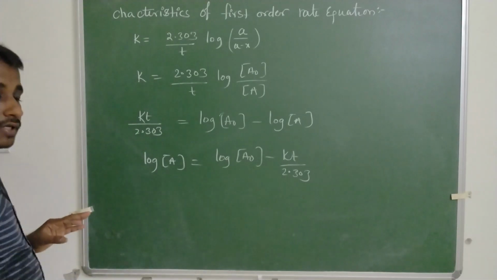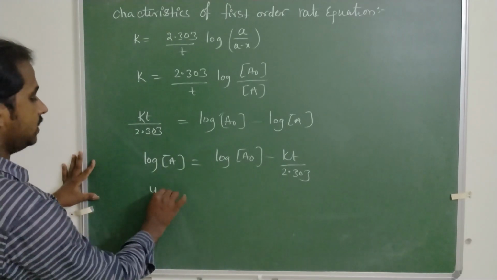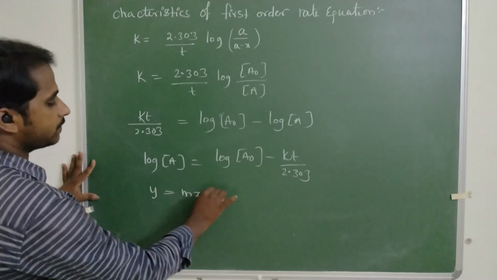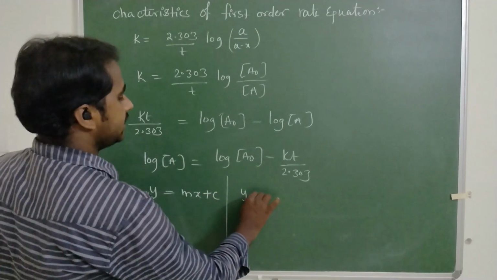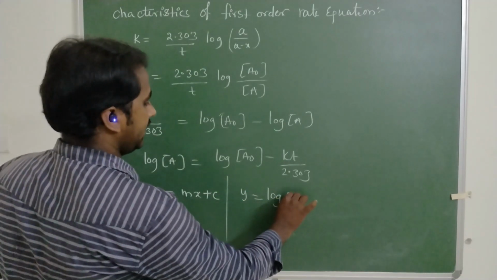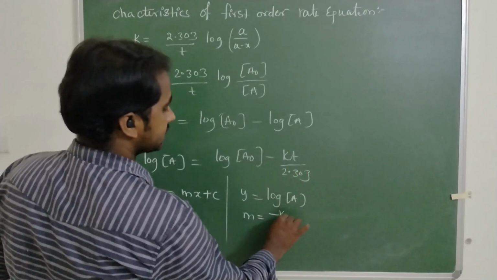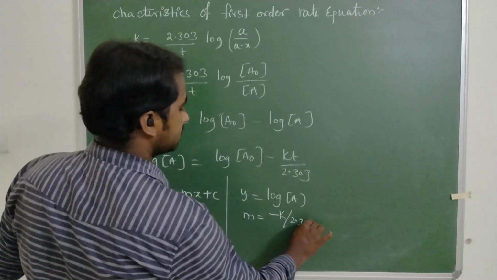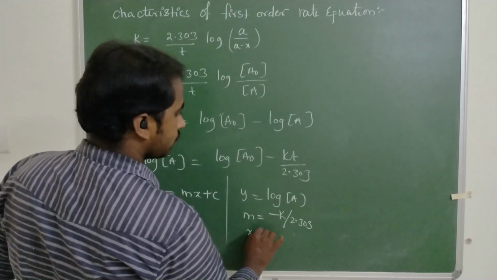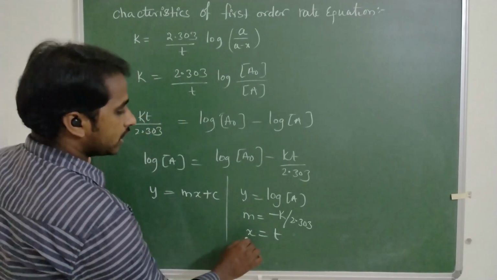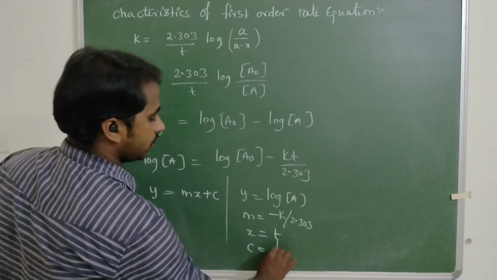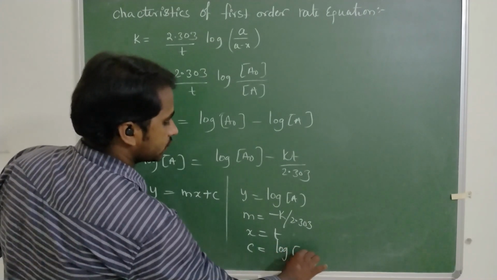Compare this equation with y equal to mx plus c. Here y is equal to log a, m is equal to minus k by 2.303, x is equal to t, and c is equal to log a naught.